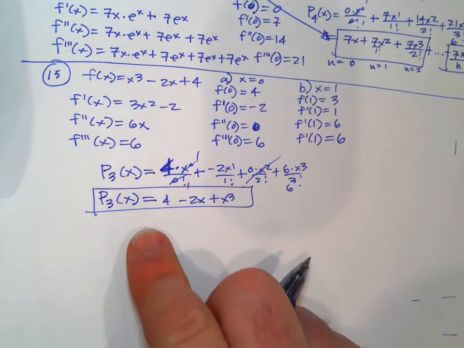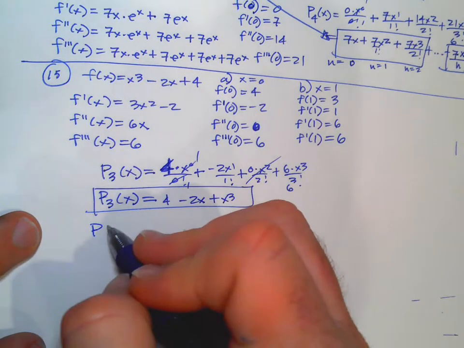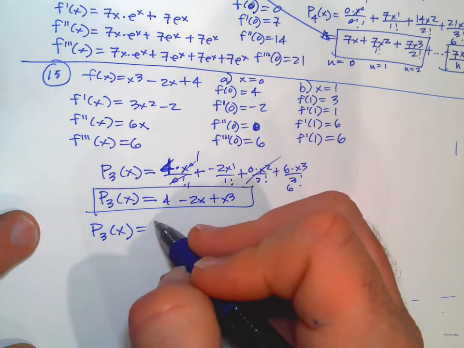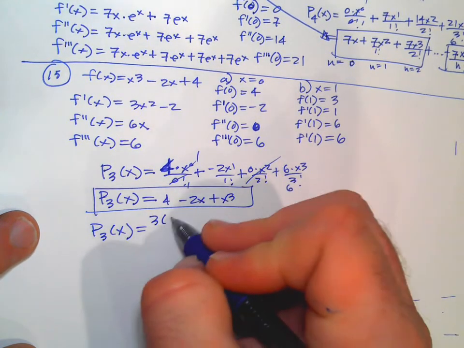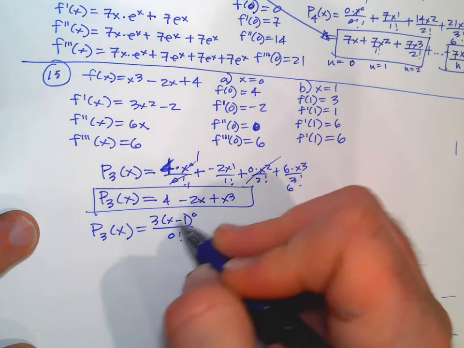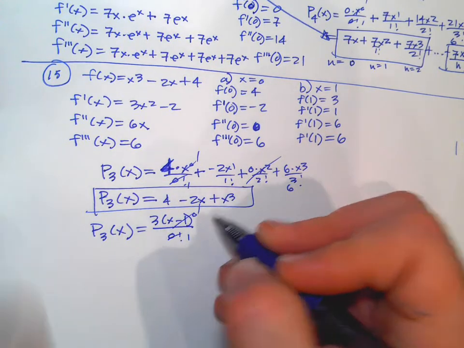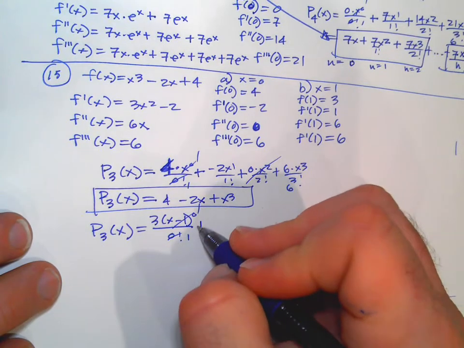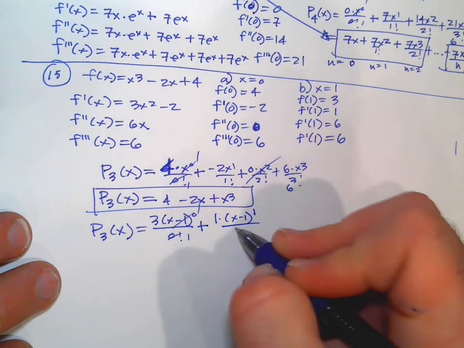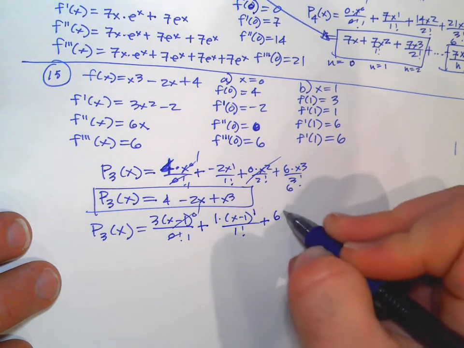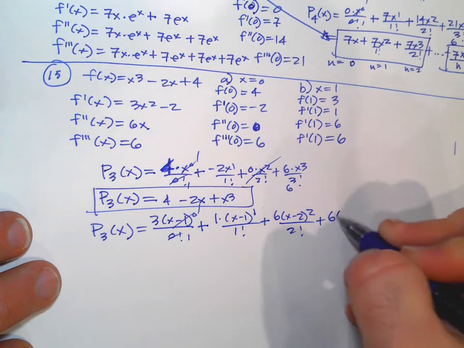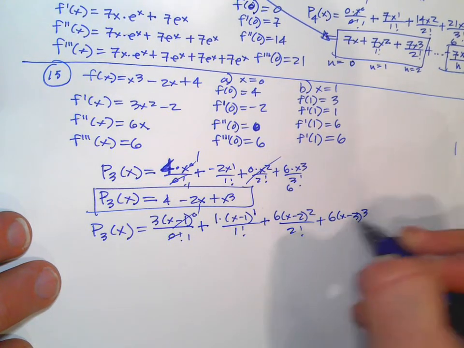Now I'm going to write B down here. Because what you got to do, people are going to forget this, is it's going to be the value times x minus the center. Now the first one just drops out, but I like to write it just to get that pattern going. 1 times x minus 1 to the first over 1 factorial, plus 6 times x minus 1 squared over 2 factorial, plus 6 times x minus 1 cubed over 3 factorial.